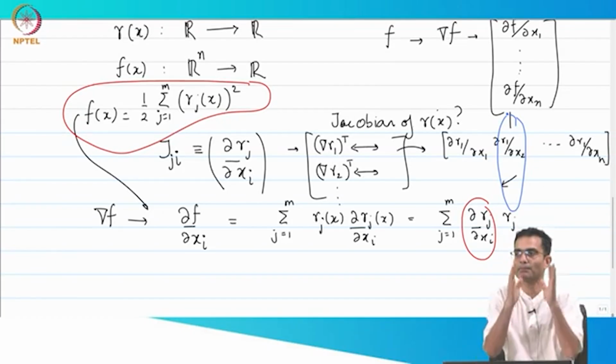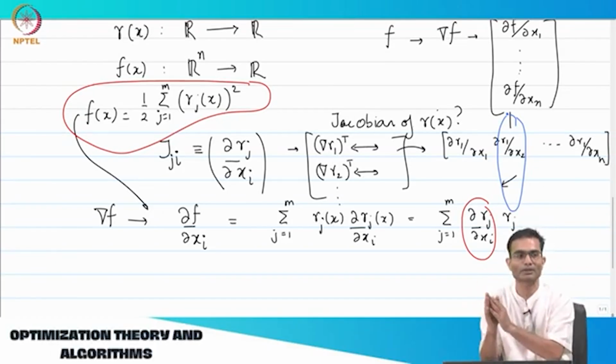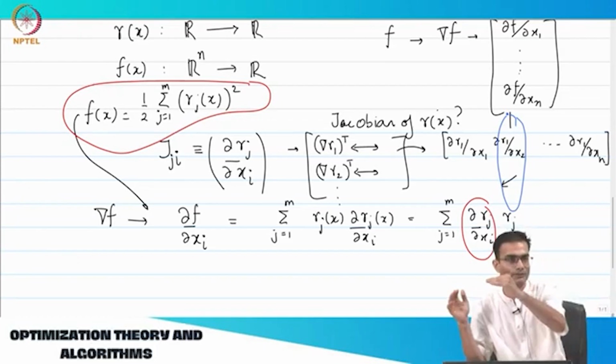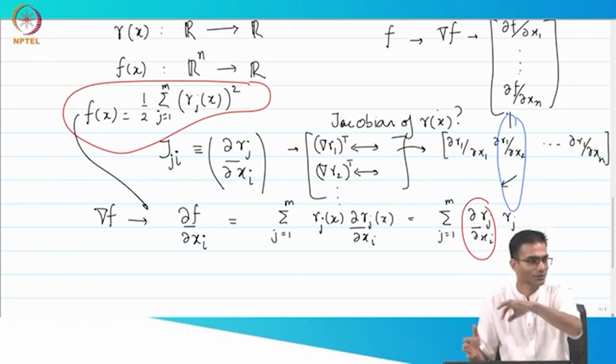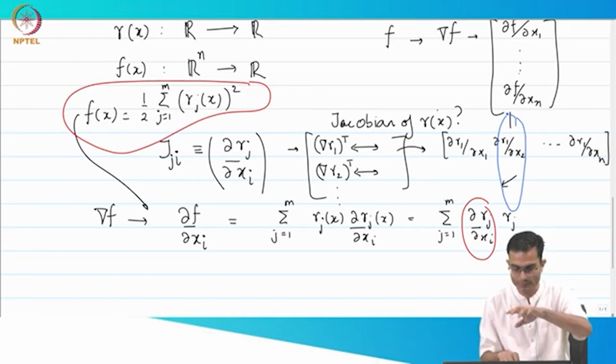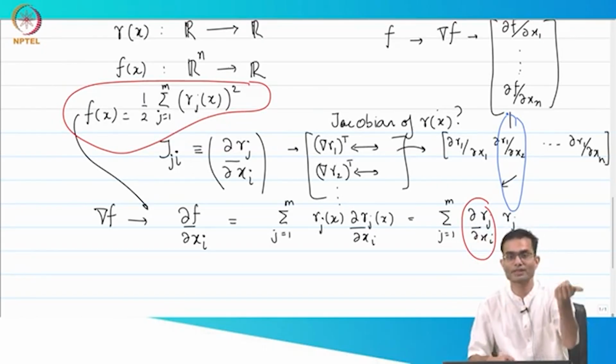But when I multiply a matrix with a vector, what do I multiply? A row of the matrix with a column vector. So this is not exactly J, but J transpose.